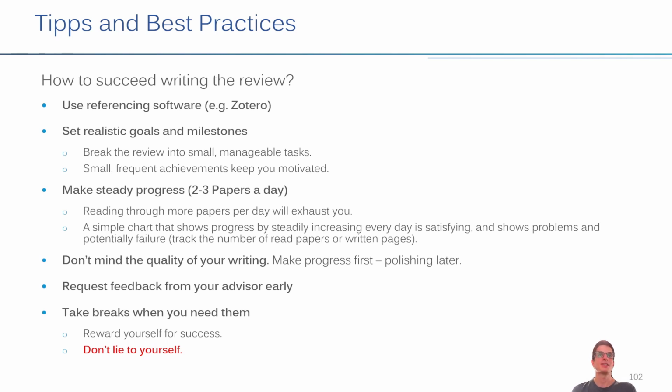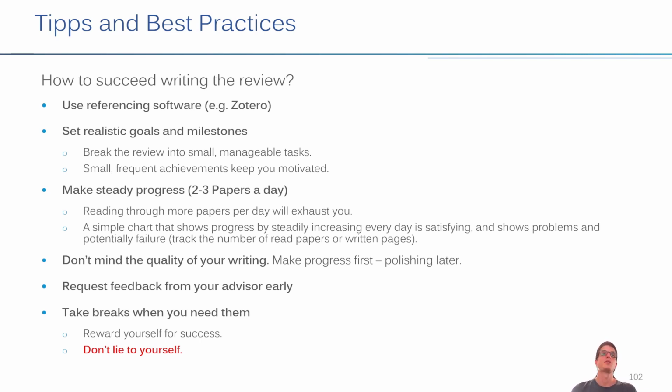So make steady progress, which cuts into the same idea. Reading more papers per day will exhaust you. Try to do like 2 or 3 papers, depending on the size of the papers, of course. But if you tell yourself, okay, at the beginning of the week I didn't manage to read some papers, I will just do 5 on Friday, and then you start reading on Friday and you see, okay, some papers have like 40 pages, and then you're screwed because you will only make it through one paper, and afterwards you are exhausted.